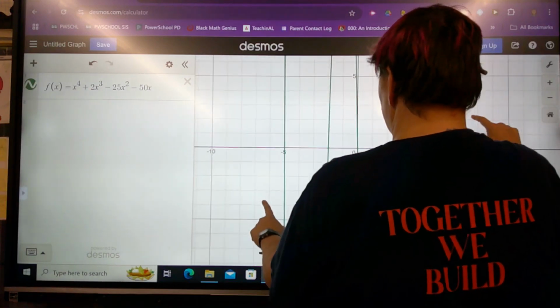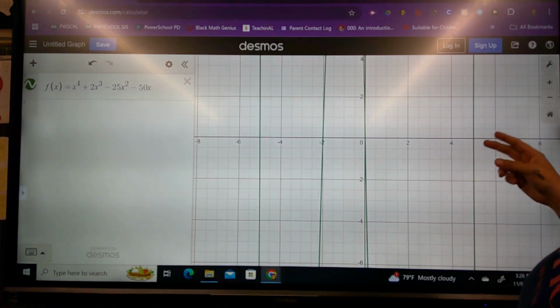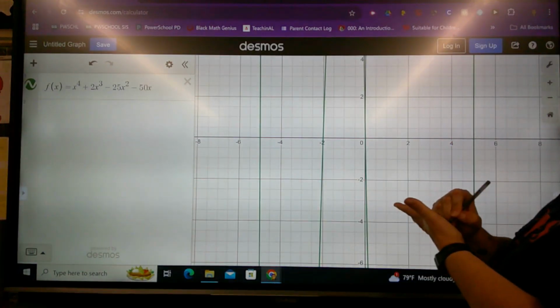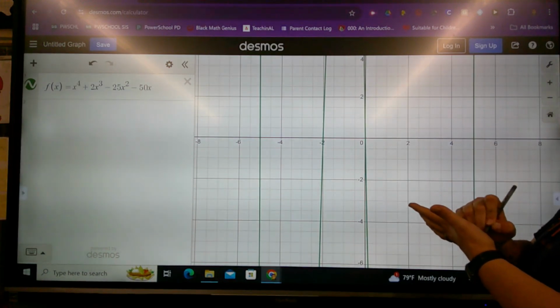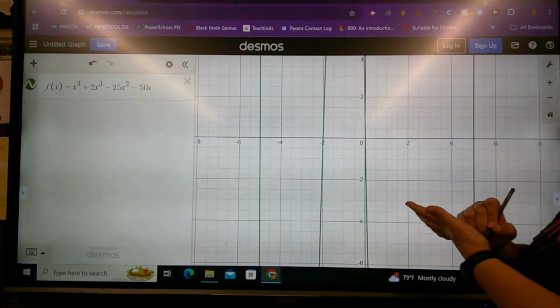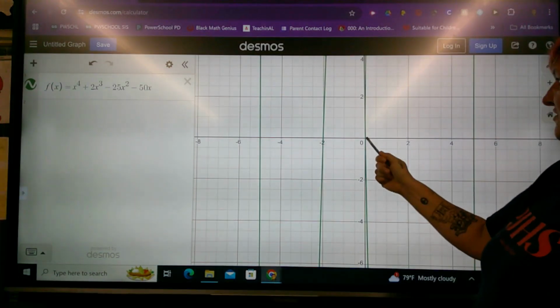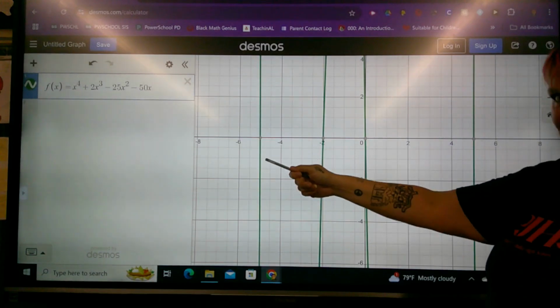It crossed negative 5, negative 2, 0, and 5. That's where it crosses the x-axis, right?